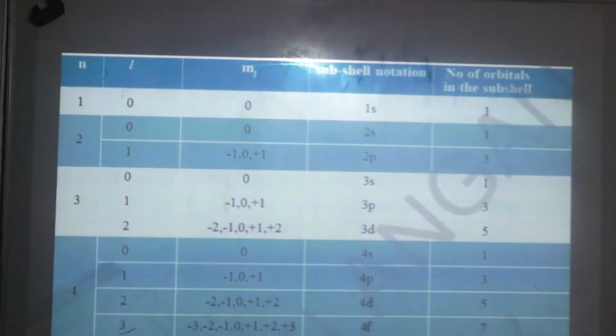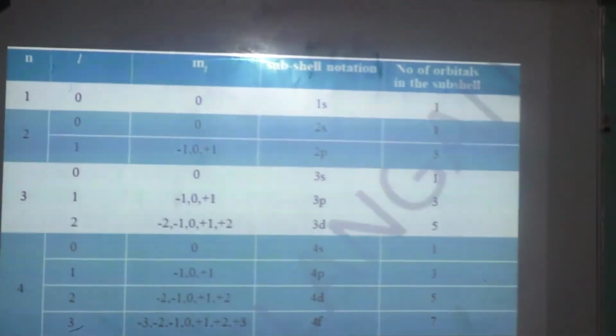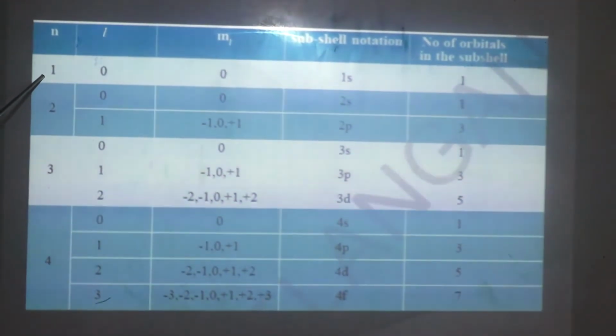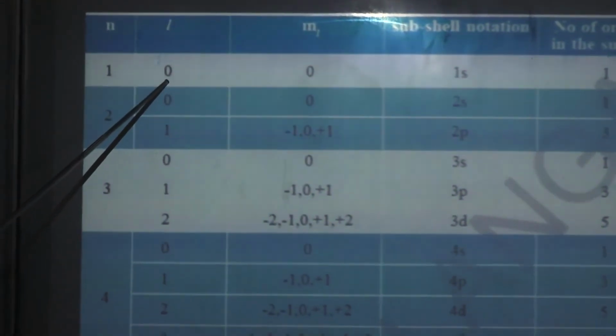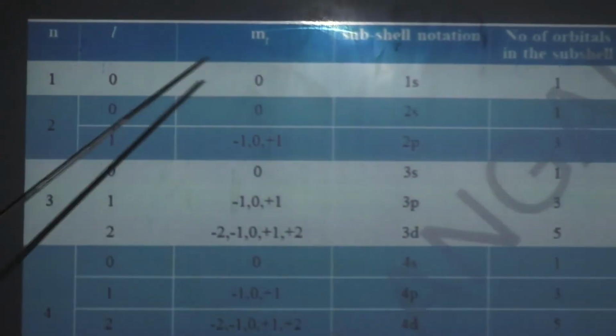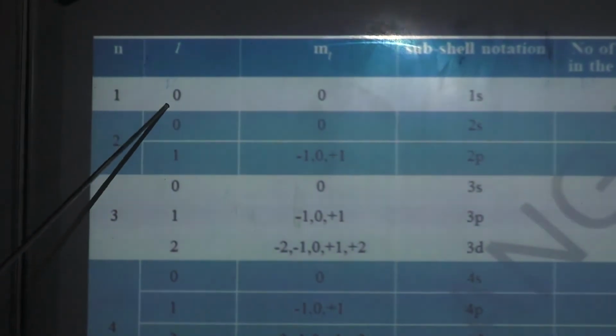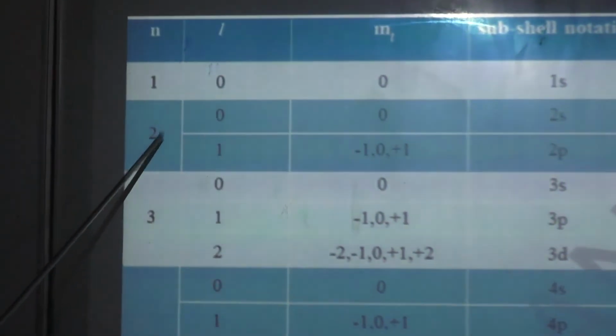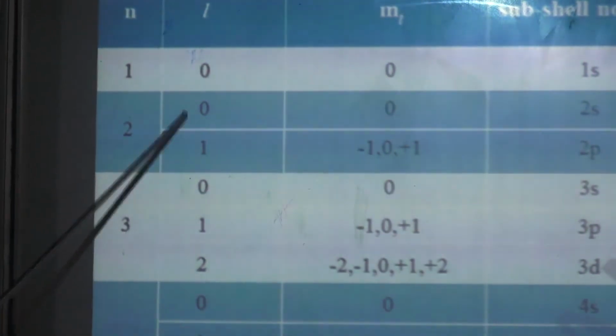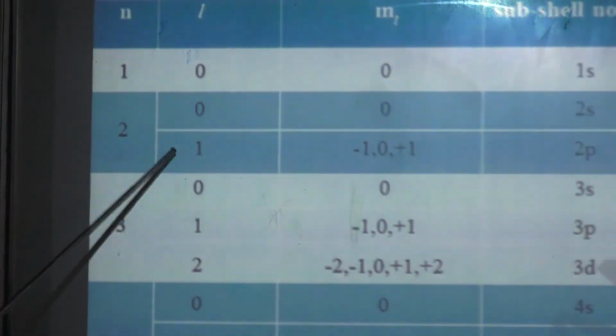So here you can observe clearly the magnetic quantum number. In the first shell, n equal to 1, you have only one orbital, that is l equal to 0, denoted by s, 1s. So the ml value is 0, since l is equal to 0, -0 to +0. In the second shell you have two values of l, 0 and 1. 0 indicates the s orbital, 1 indicates the p orbital.